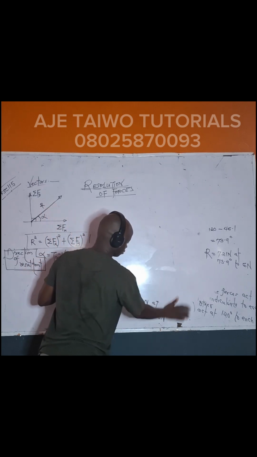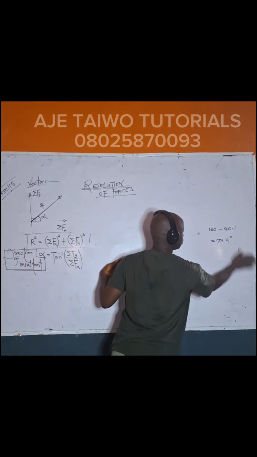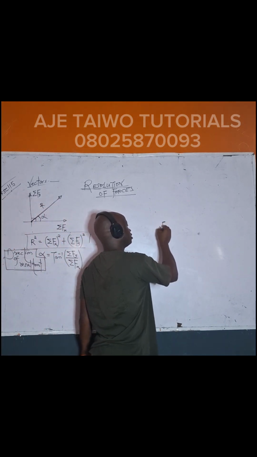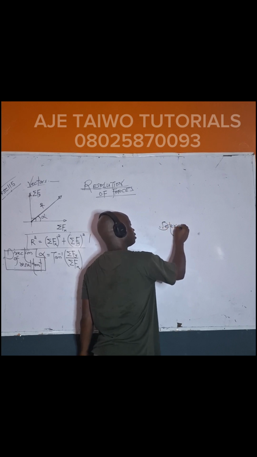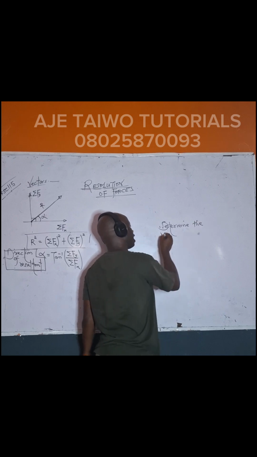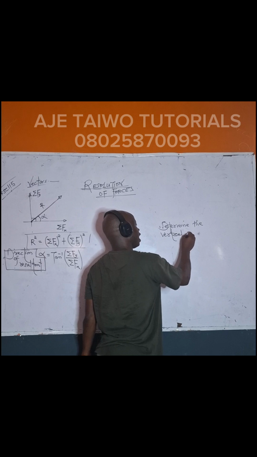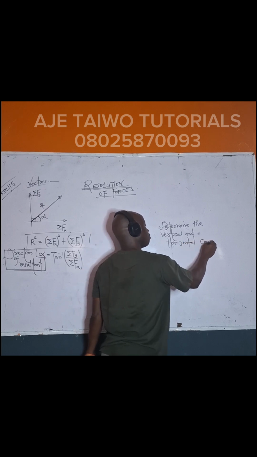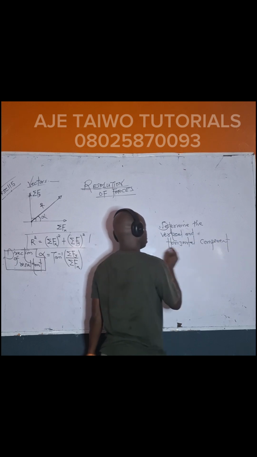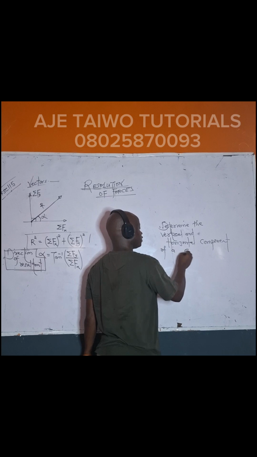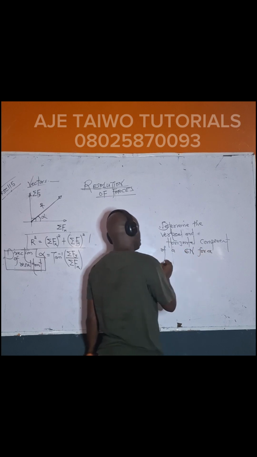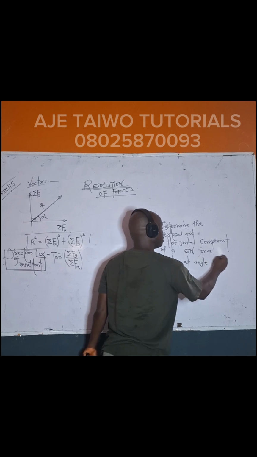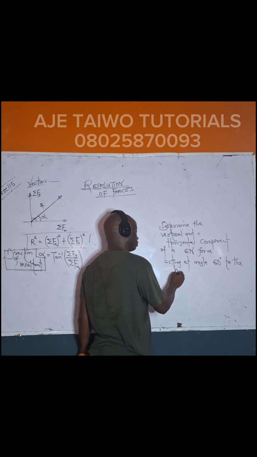Example 1. Question 1. Determine the vertical and horizontal components of a 6 Newton force acting at angle 60 degrees to the horizontal.